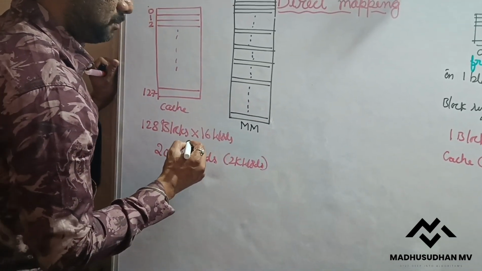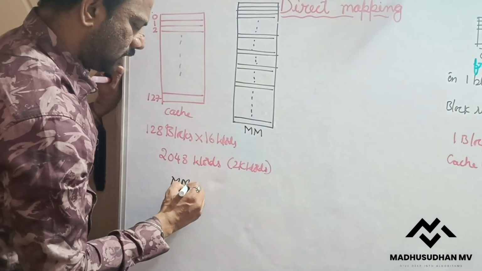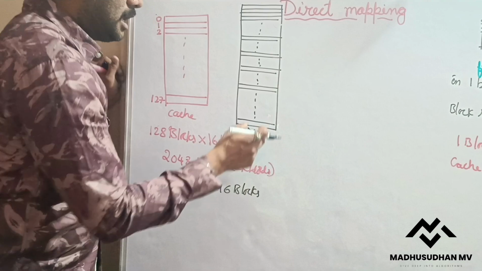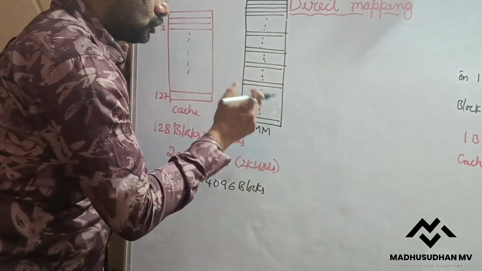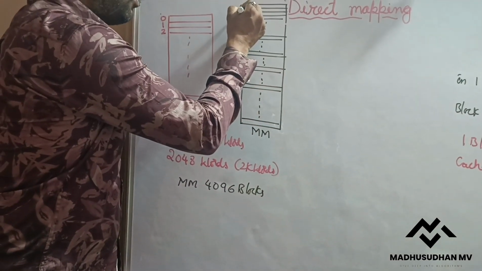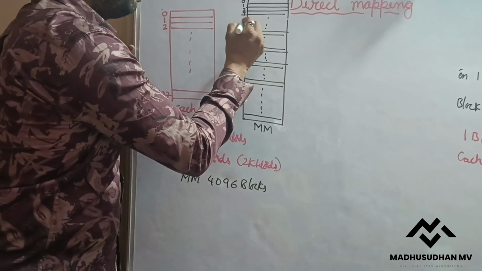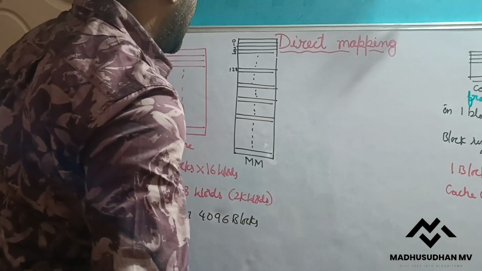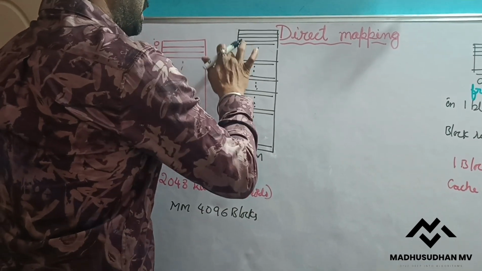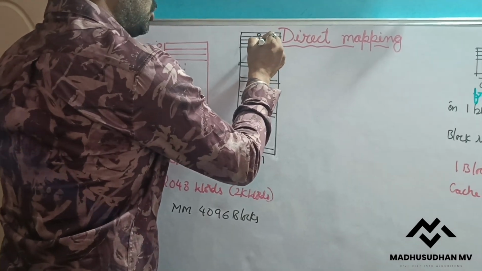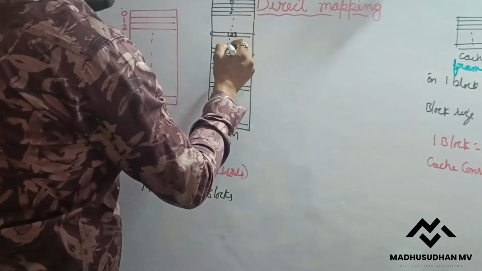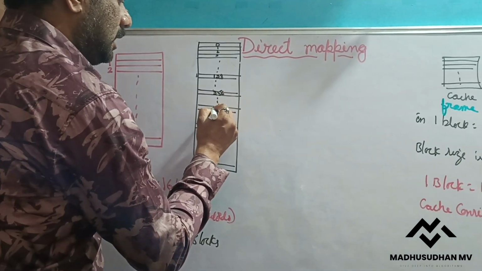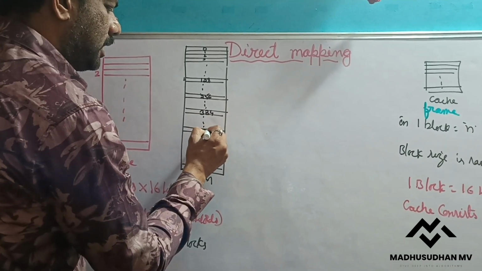Main memory contains 4096 blocks. This is my 0th block, 1, 2, 3. Let us say, for example, this is block 128, this is block 256, this is 384, this is 512.